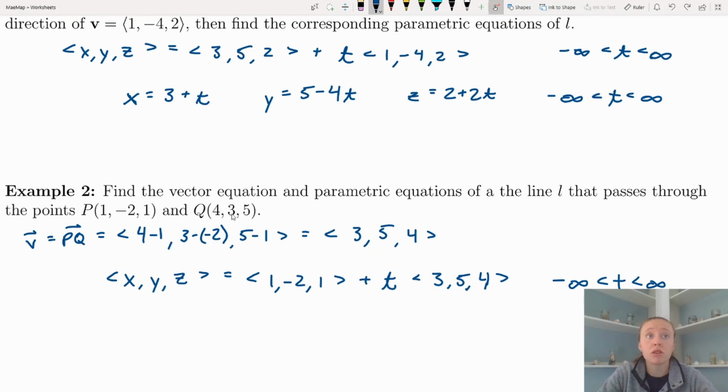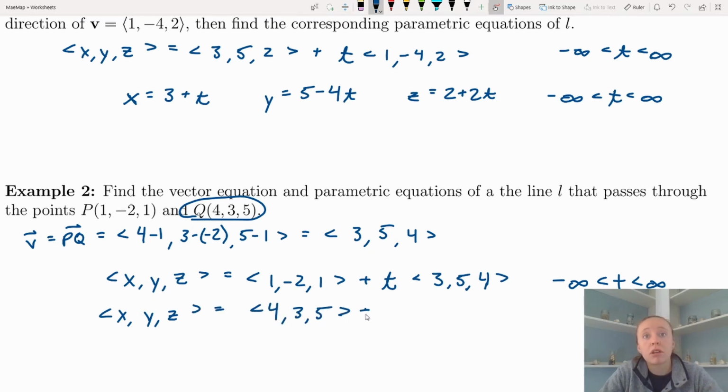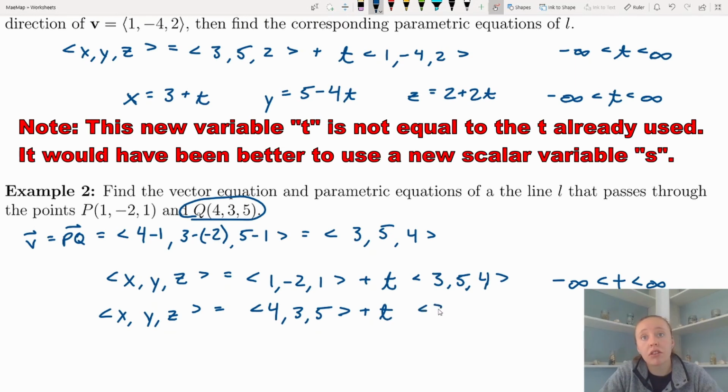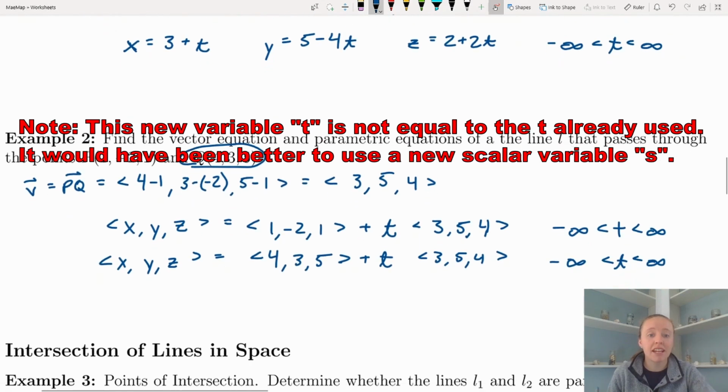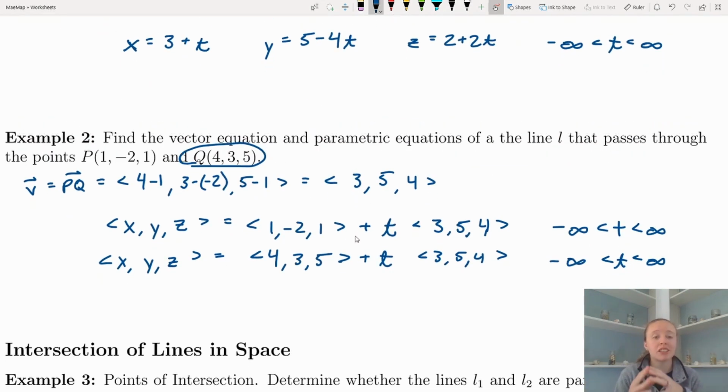I could have also used point Q as my vector going from O to Q. So if I did x, y, z as 4, 3, 5 plus t times 3, 5, 4 from negative infinity to infinity, those represent the same exact line. I know it doesn't quite look like it, but let's think about this logically.